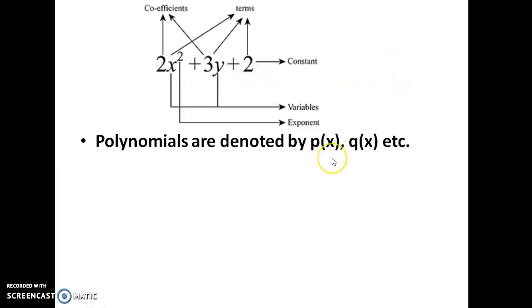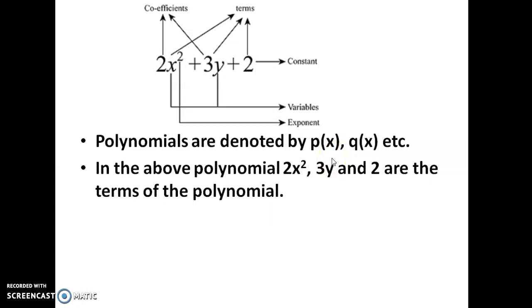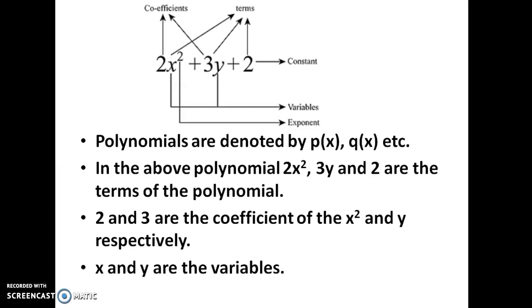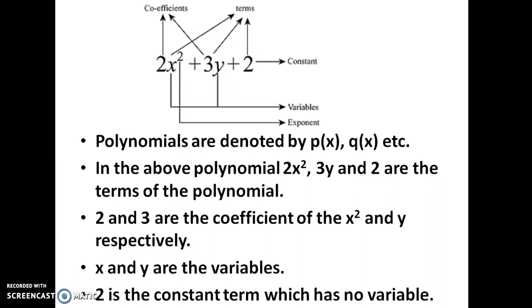In the above polynomial, 2x square, 3y and 2 are the terms. 2 and 3 are the coefficients of x square and y respectively. x and y are the variables. 2 is the constant term which has no variable.